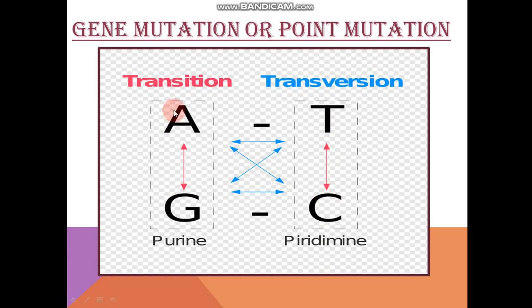That kind of point mutation is called transition. See here in this ppt the spelling of pyrimidine is wrong. Don't just ignore this spelling. So in transition, one purine is replaced by another purine, or a pyrimidine is replaced by another pyrimidine. Such a type of point mutation is called transition.